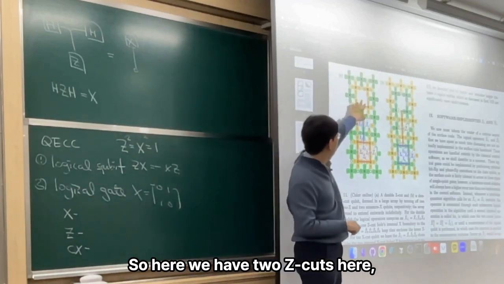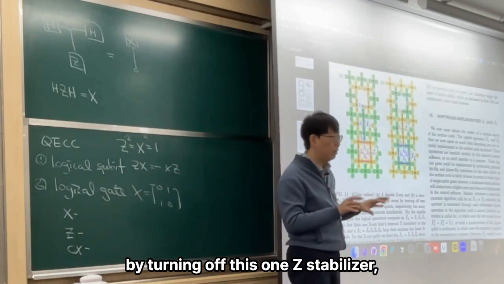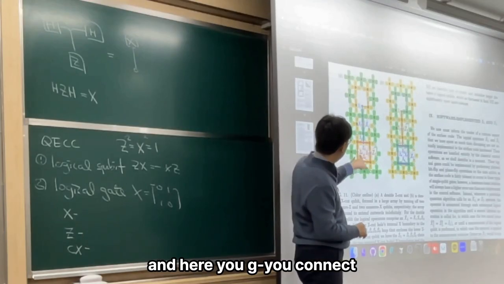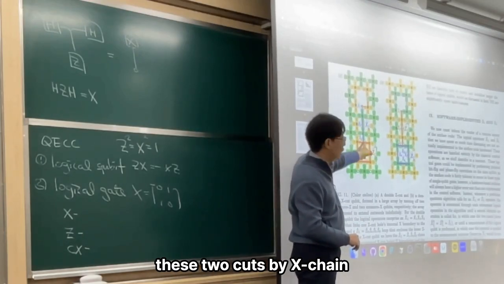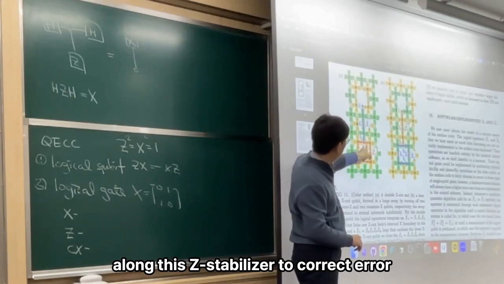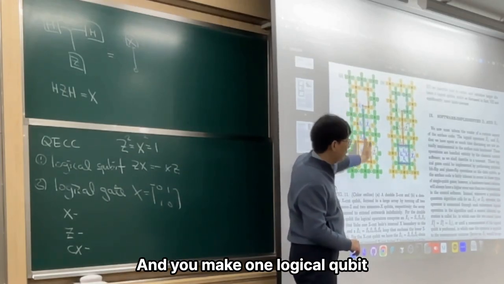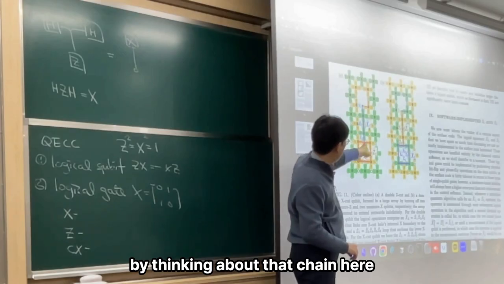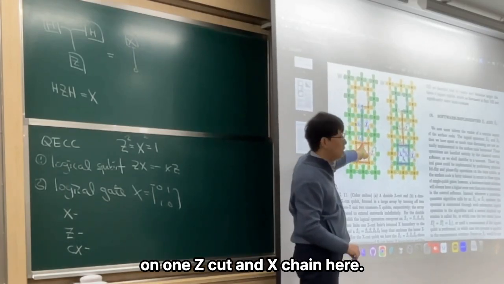So here we have two Z cuts, the smallest Z cut you can make by turning off this one Z stabilizer. And here you connect these two cuts by an X chain along this Z stabilizer to correct errors, if any. And you make one logical qubit by thinking about a Z chain here on one Z cut and an X chain here, okay?